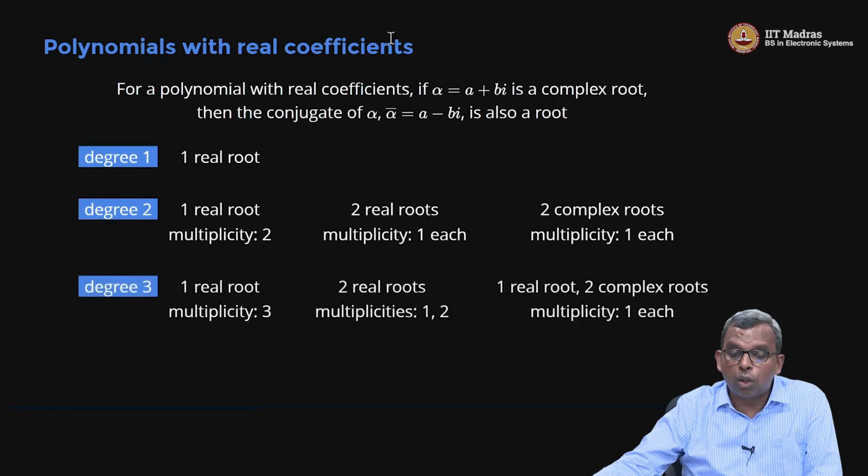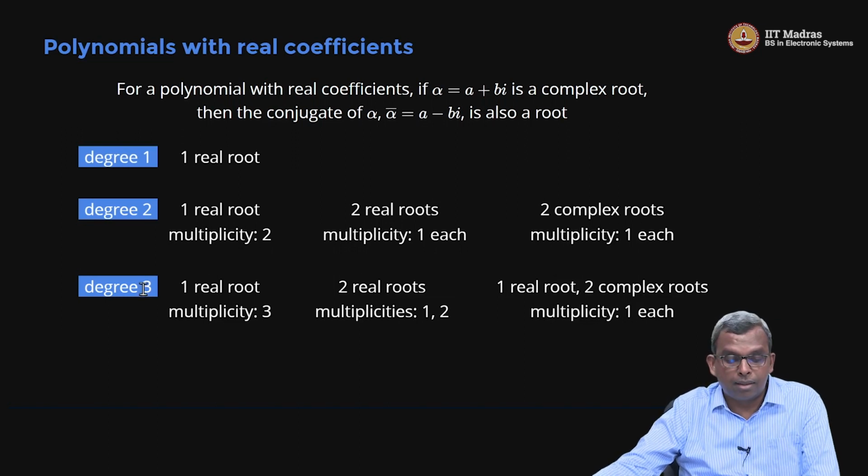If you have a degree 3 real coefficient polynomial, you may have one real root with multiplicity 3, or two real roots, one with multiplicity 1 and the other with multiplicity 2. Or you can have one real root and two complex roots, multiplicity 1 each. So in all three cases, with a degree 3 polynomial with real coefficients, you have at least one real root. Multiple possibilities exist for the remaining roots. You have a similar structure for any n. For n equal to 4, you'll have a whole bunch of possibilities. So when you have real coefficients, there is this additional structure because the conjugate is also a root.